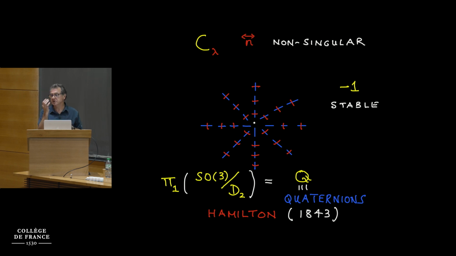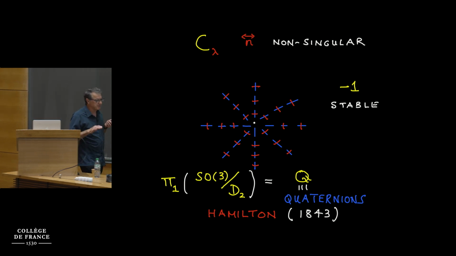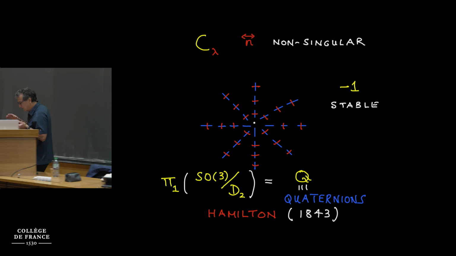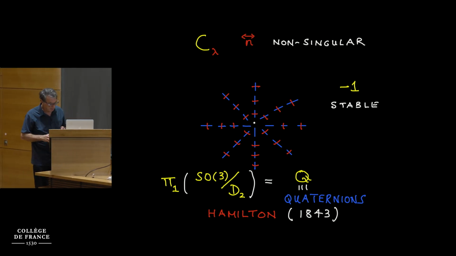That's called the dihedral group of order 2, and you can pull that up into SU2 and show that the first homotopy group is the group of quaternions. The group of quaternions has 8 elements, but I'll come to that. It was discovered by Hamilton, 1843, where he was trying to make a 3-dimensional generalization of the complex plane. He failed because the structure is actually richer.